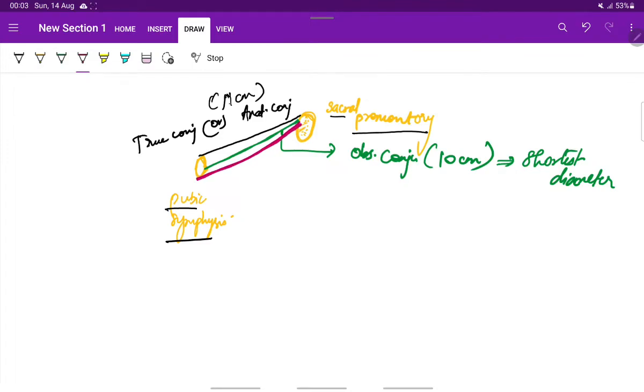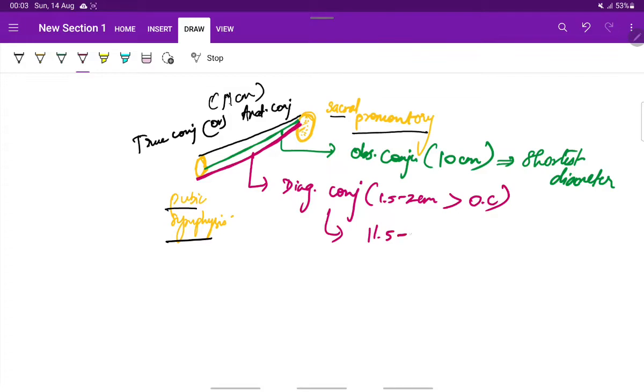This is about 1.5 to 2 centimeters more than the obstetrical conjugate, so it is around 11.5 to 12 centimeters, and this is the diameter which is clinically measured by bimanual palpation.